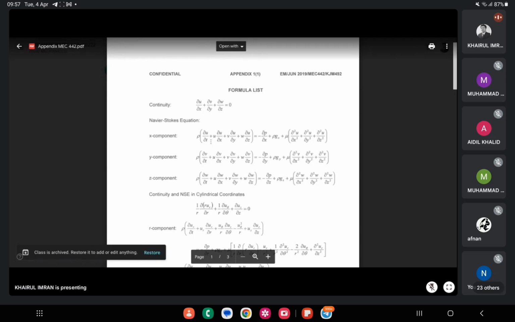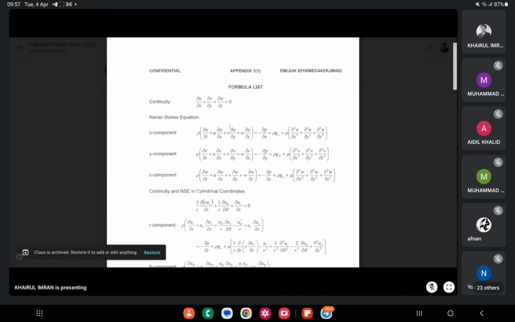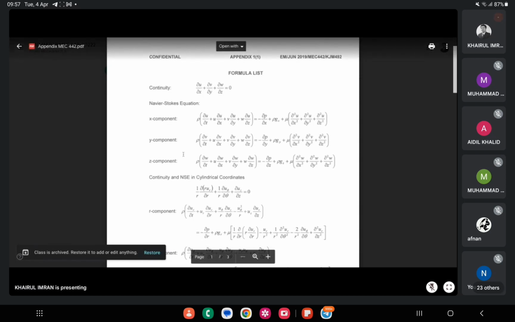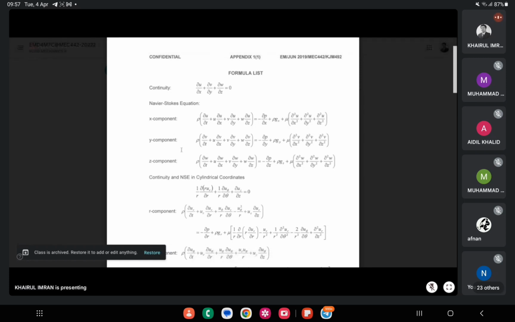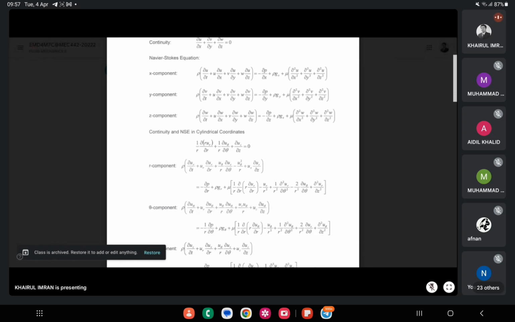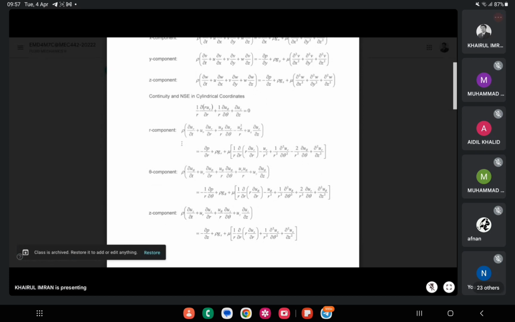So dalam ni, ni lah appendix yang dia bagi. So you ada continuity and then Navier-Stokes equation untuk Cartesian coordinates as well as for cylindrical coordinates. So do not worry, tak payah hafal. Hopefully dia akan terus bagi. Biasanya ya lah, kalau tidak kejam lah tak bagi banyak sangat ni.